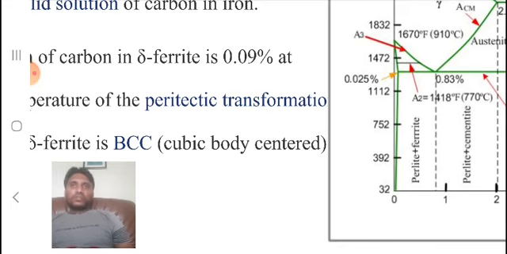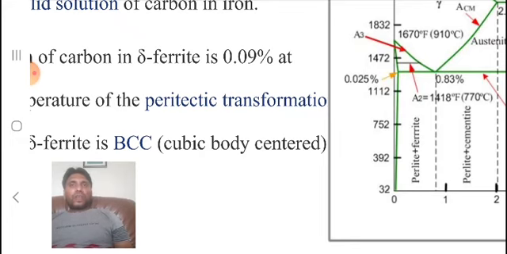One thing we should remember is that carbon steels containing less than 0.8% carbon are called hypoeutectoid steels, and the phases present in hypoeutectoid steels at room temperature are ferrite plus pearlite. This is very important to remember. And the phases present in hypereutectoid steels at room temperature are pearlite plus cementite.